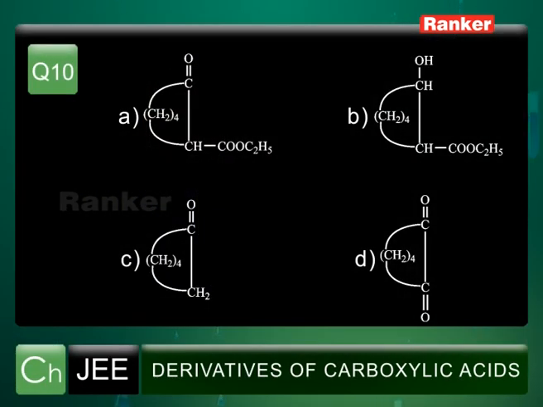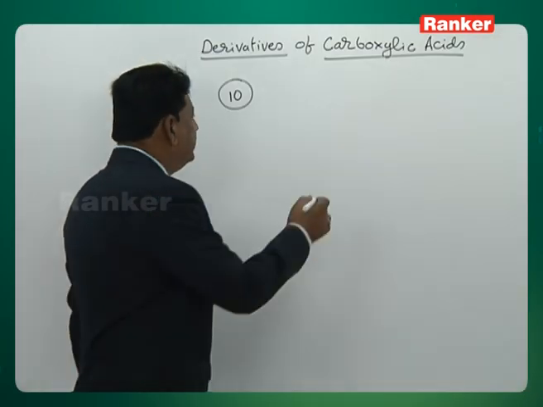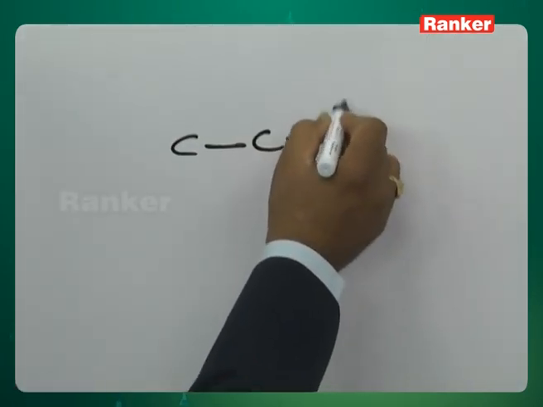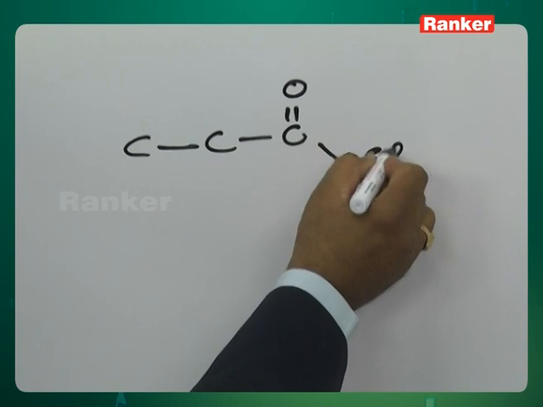So let us see the options. Option A is a ketone containing ester, that is a beta keto ester. Option B is a beta hydroxy ester. Option C is only a ketone. Option D is a diketone. Let us first explain what happens in the normal reaction.